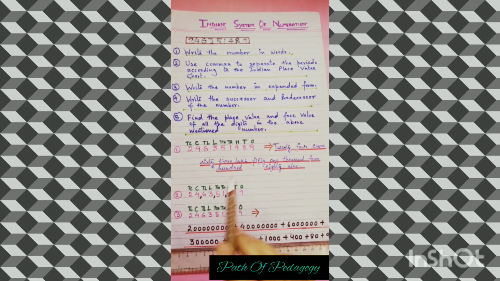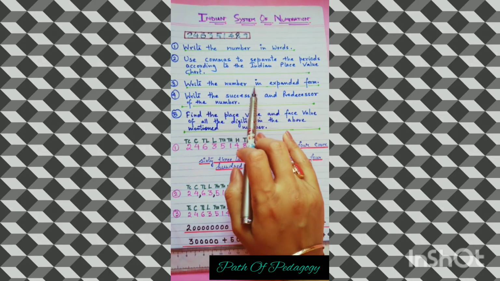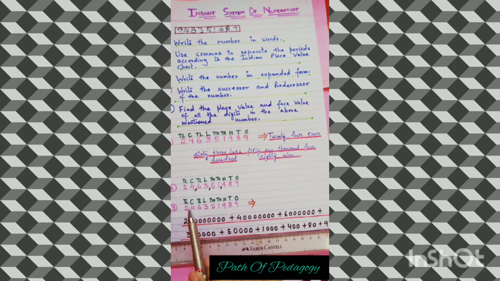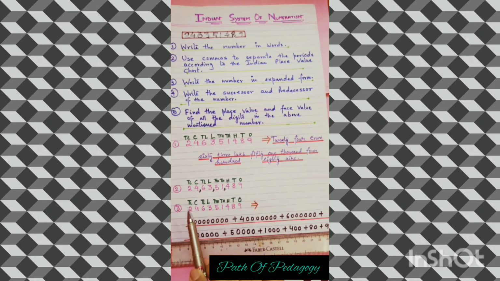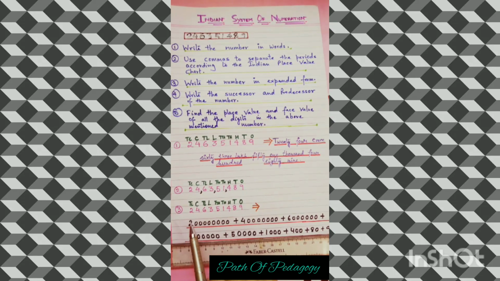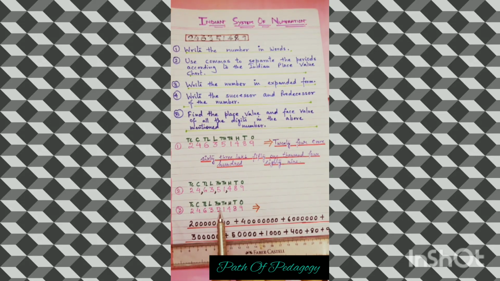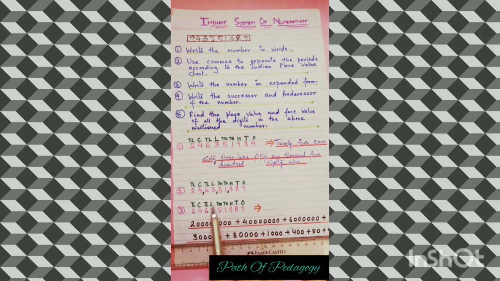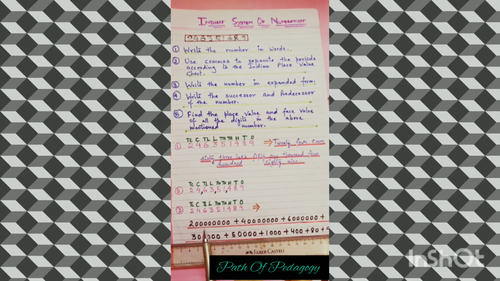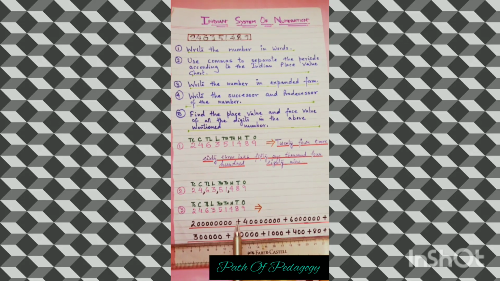Whenever you write any number in expanded form, first we start with the first number, that is 2. You will write 2 and just count the digits after that: 1, 2, 3, 4, 5, 6, 7, 8. 8 digits are there. So you will put 8 zeros after 2. Then give a plus sign.